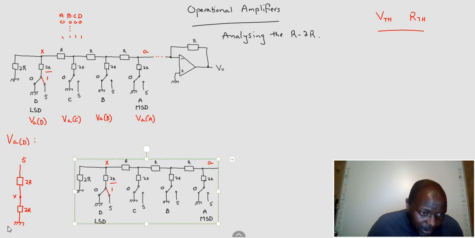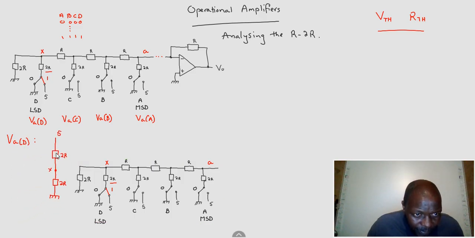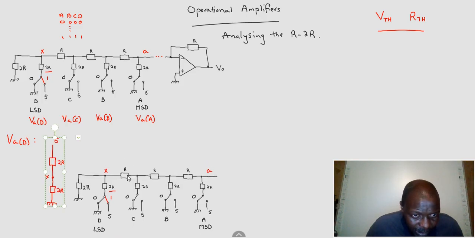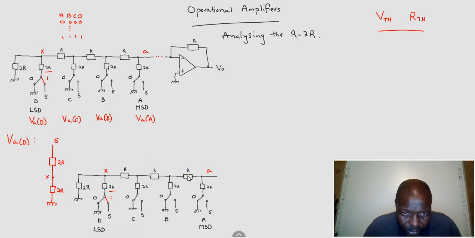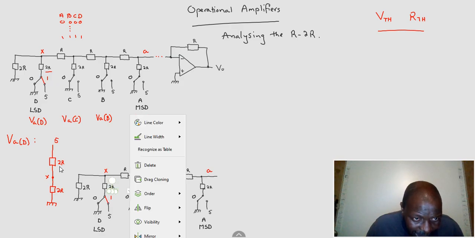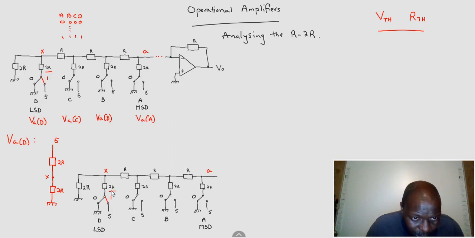So now what I want to indicate here is that I don't want to have a conflict. So what we'll do is ungroup. Okay, I want to remove this resistor here from the 5 source. That resistor there is that one there. So what I'll do is I'll remove that. I don't have a rubber, so that there I'll remove.